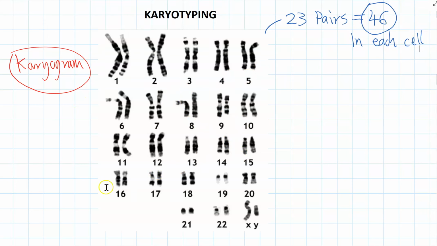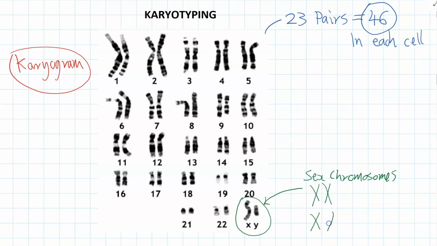And remember, there is a set of special chromosomes, and these determine the sex of the person. In humans, anyway. It's different for each species. So these are called the sex chromosomes. We've got X and Y. And remember, someone who is biologically female will have 2 X chromosomes.